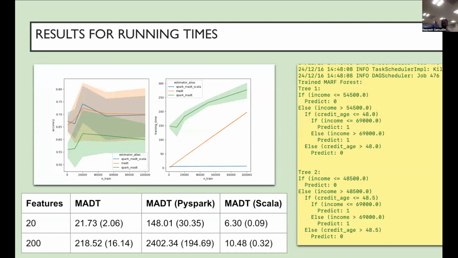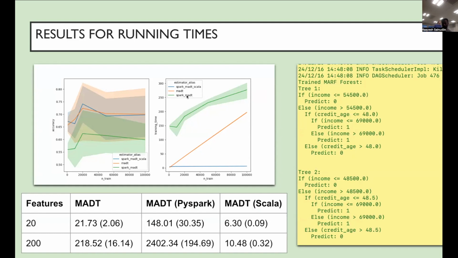Right, and we have some results for the running times. So the thing to look at is the blue line here. This is the Scala Spark implementation. You can see that it's kind of constant compared to the decision tree, which kind of grows linearly.